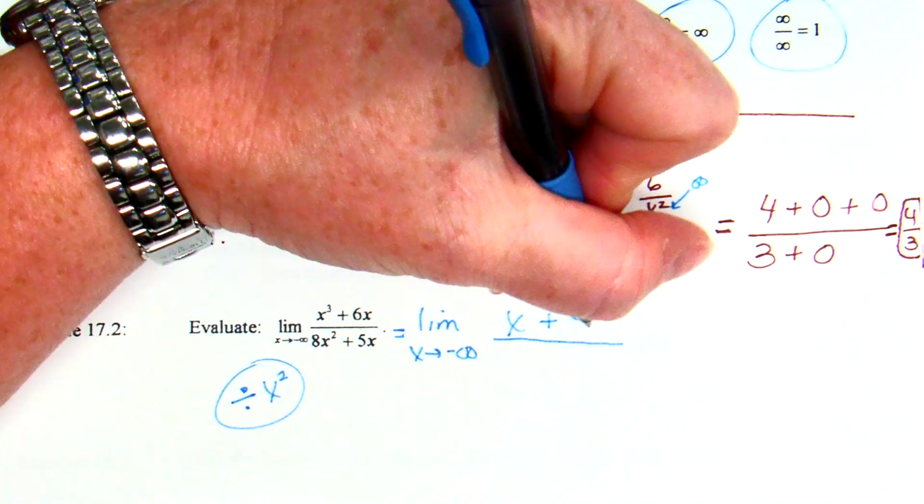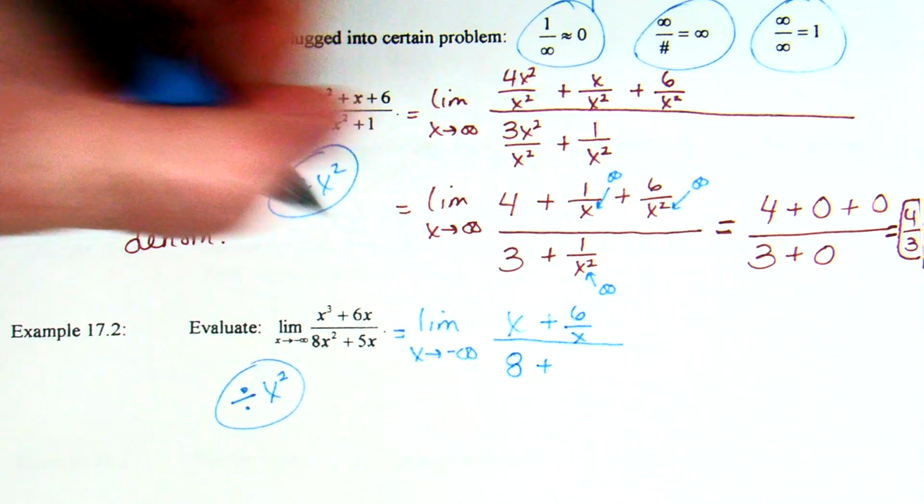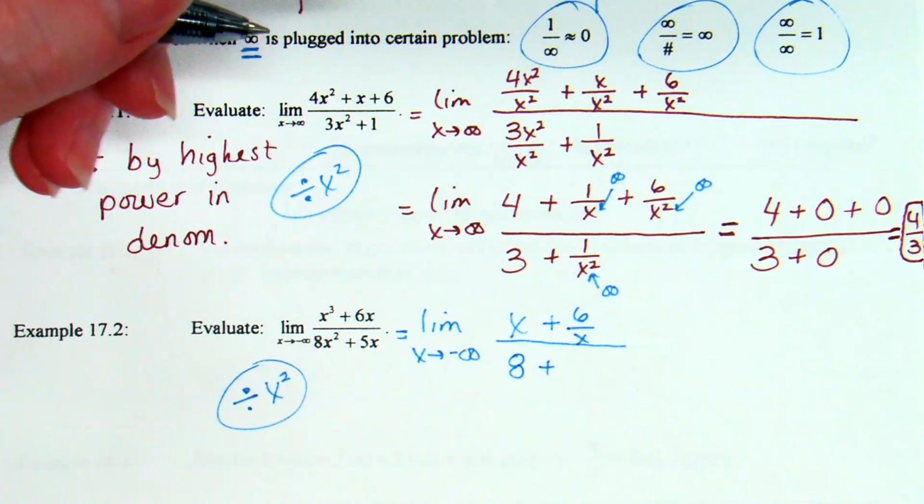Not 6 over x squared, 6 over x, because an x cancels. Okay. Denominator: 8x squared divided by x squared is the whole number 8. Plus 5x divided by x squared is 5 over x.